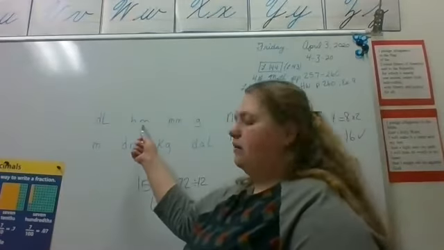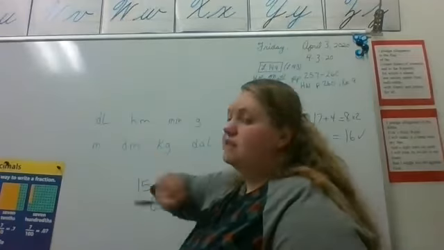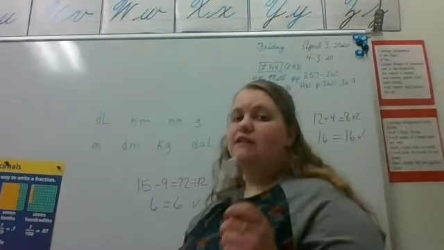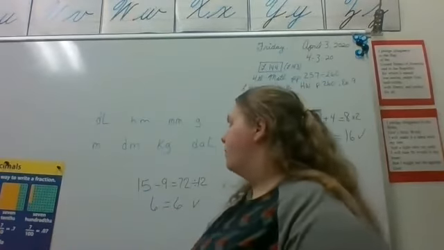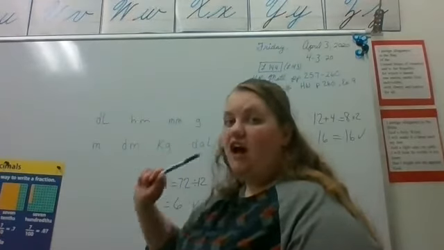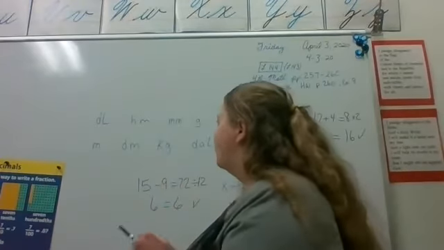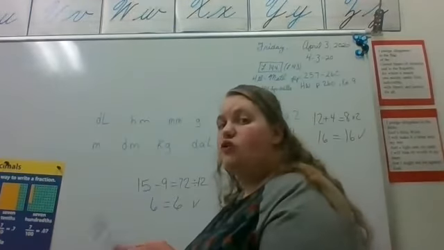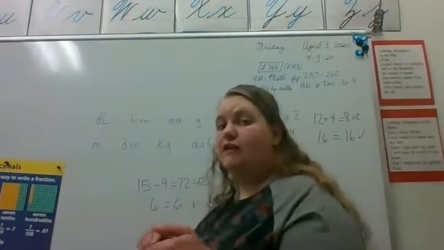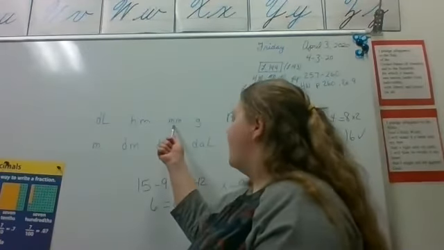HM, hectometer, okay? And deci means 10, okay? Remember that, it means 10. Hecto means 100, H, hecto 100. Okay, that one should be fairly simple. Centi also means 100. Also century, that's 100 years. So if you can keep those together, okay?